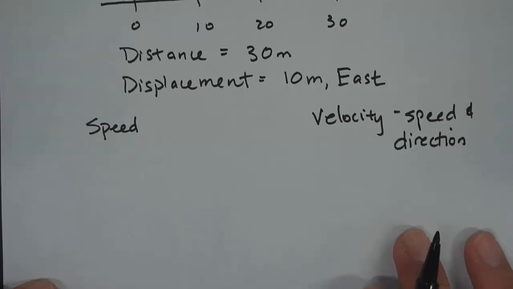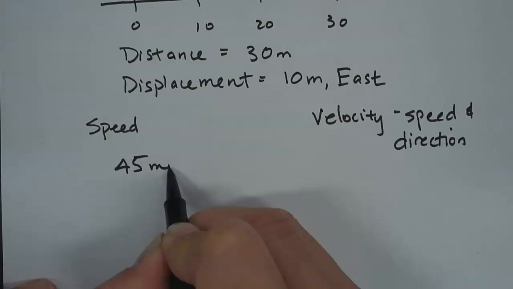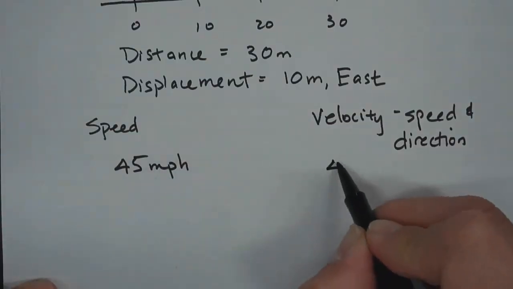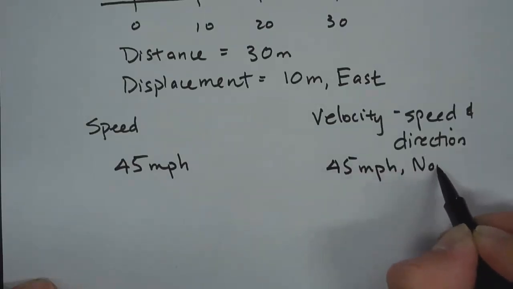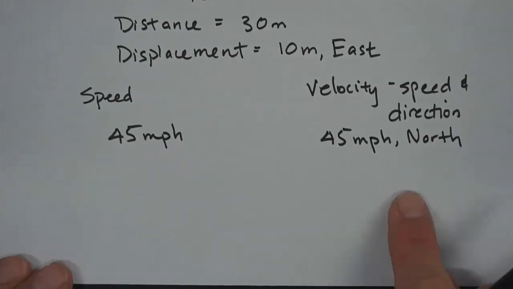So an example of this would be if I said 45 miles per hour, that would be speed. But if I said 45 miles per hour north, then now I am telling you velocity because I am indicating the direction here.